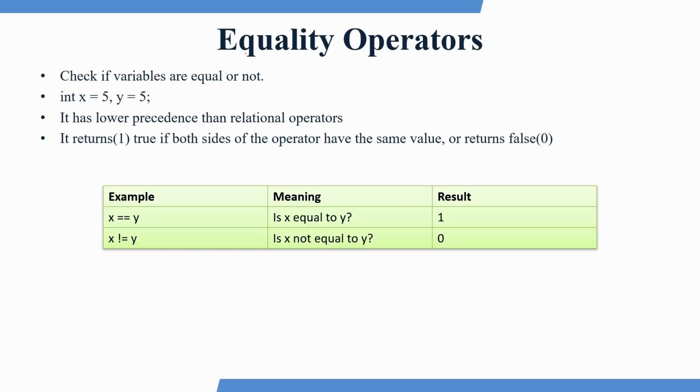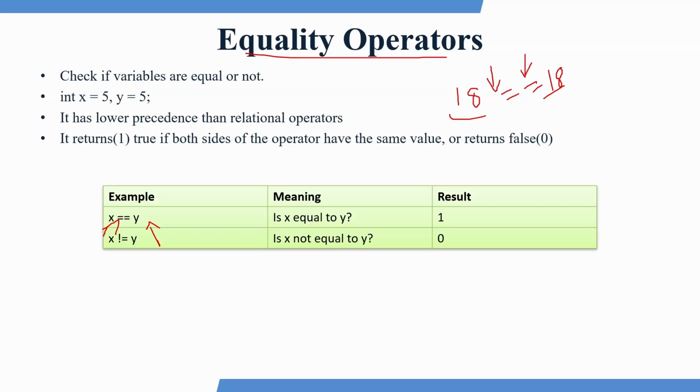The next one is the equality operator. This is also a kind of comparison operator. This equality operator is used to check whether the value on the left side is equal to the value on the right side. So I am going to check whether my age is equal to 18 or not. For comparing equality, we have to use two equal symbols.